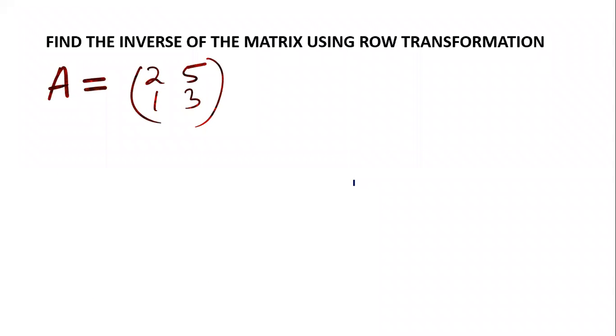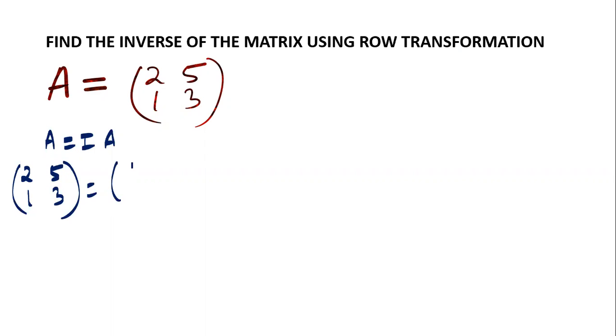Let's take the example. Here it is. First step, we will write let A equals IA. Then I will write the value of A over here. What is it? 2, 5, 1, 3. IA is 1, 0, 0, 1 and A will remain as it is. So what is our pattern? This is our pattern, that is 1, then 0, then 1, then 0.